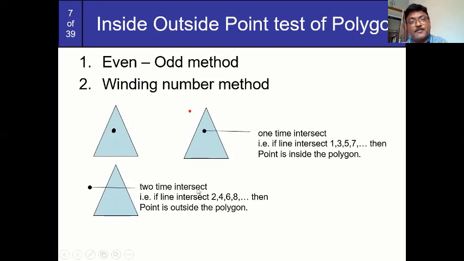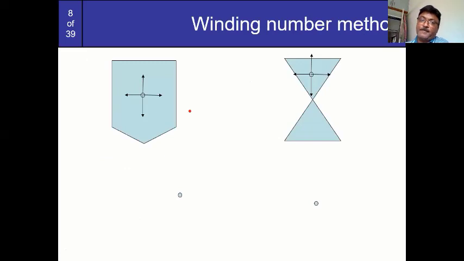The second one is the winding number method. In the winding number method, you have to trace, that is, increase the coordinates. Suppose this is one of my points, and this point is exactly inside. I have to trace in my x direction, this is my x plus direction. Again I trace in the x minus direction.